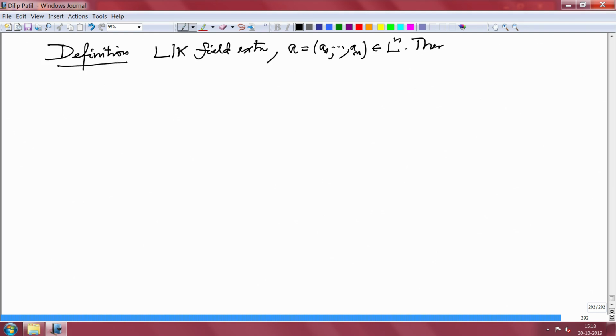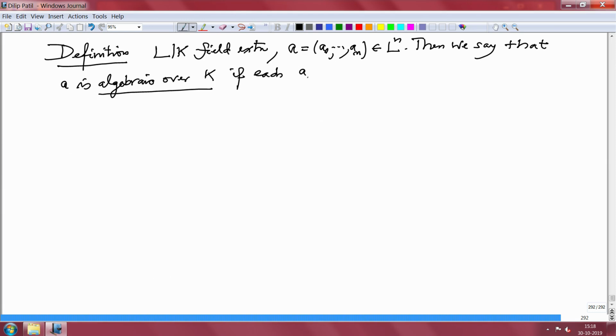Then we say that a is algebraic over K if each component is algebraic over K. If each a_i, for all i from 1 to n, is algebraic over K, then we say that the tuple is algebraic over K. So now, the proof of the corollary.